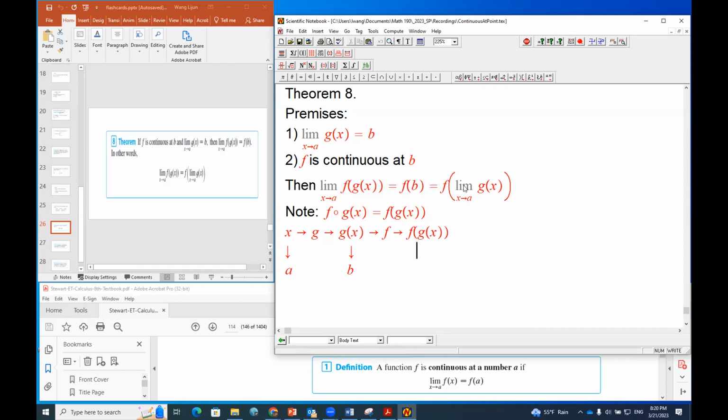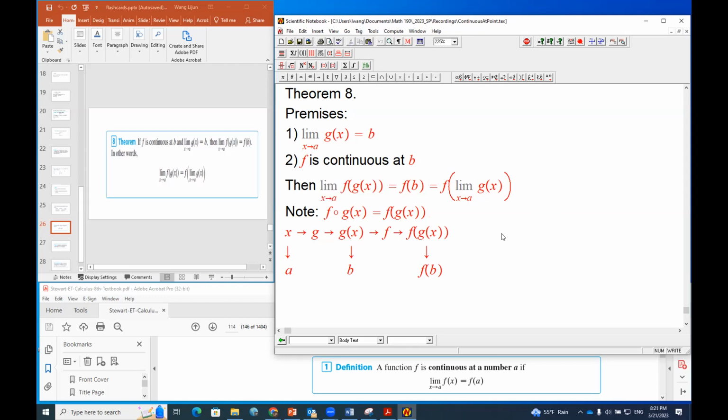F of B. F is a continuous function. In other words, the limit symbol can go across a continuous function. If F is continuous and G has a limit, then you can take the limit across F and put it inside.